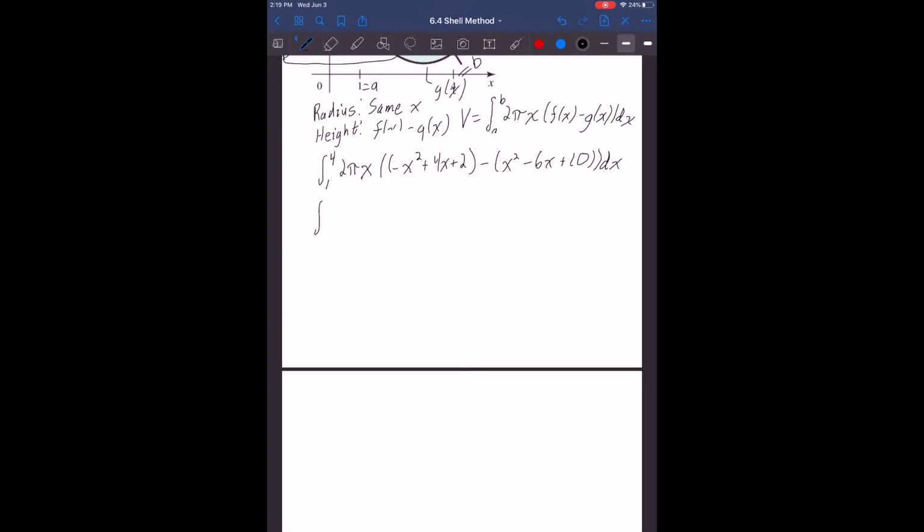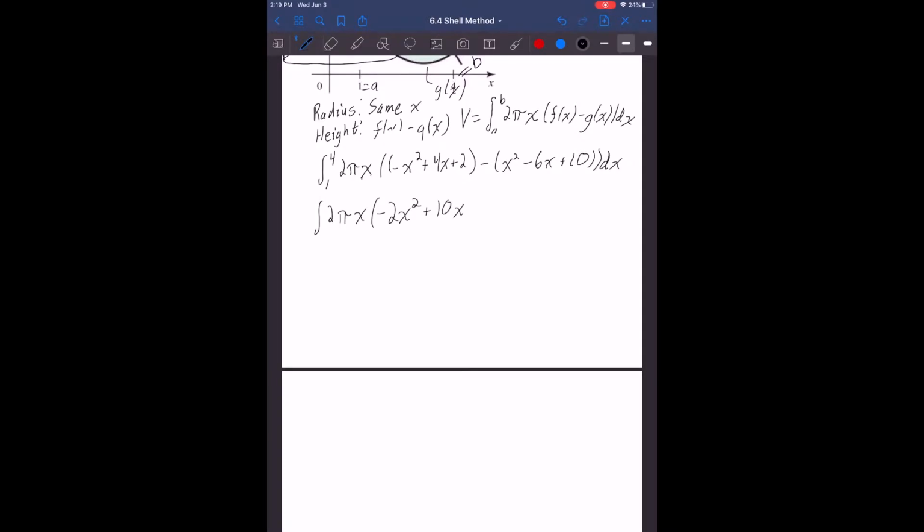So distributing this out, doing all of the integrals and stuff, we're going to get that this is equal to 2 pi x. We have a negative x squared and a negative x squared, so this is a negative 2x squared. We have a positive 4x and a positive 6x, right?